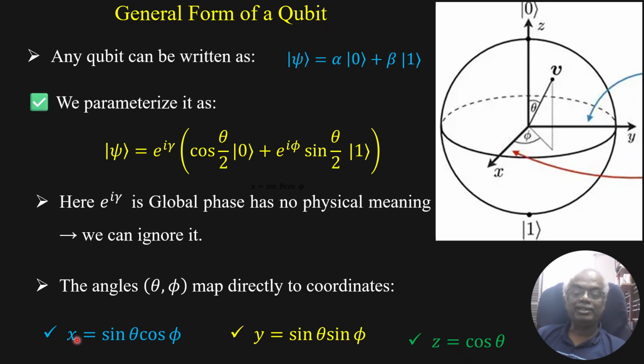That is by the definition of the spherical coordinate system: x is equal to sin θ cos φ, y is equal to sin θ sin φ, z is equal to cos θ. So we know everything. That is, we know the z-axis from θ and the x-axis and y-axis from θ and φ. So it directly comes from the spherical coordinate system.